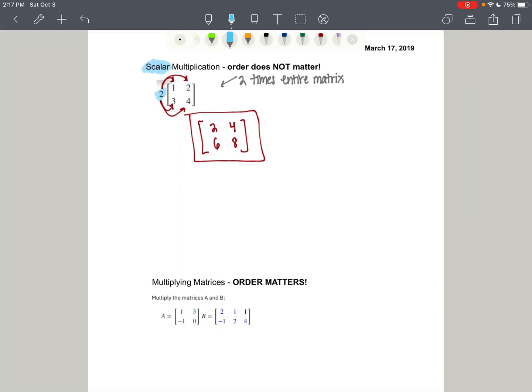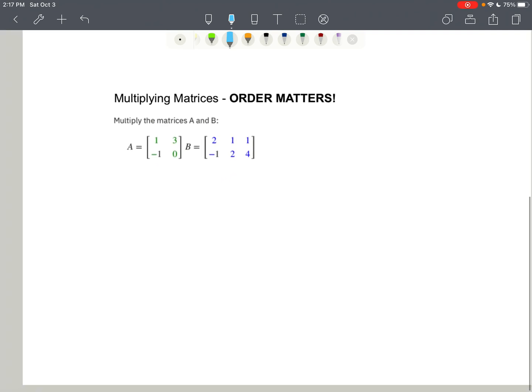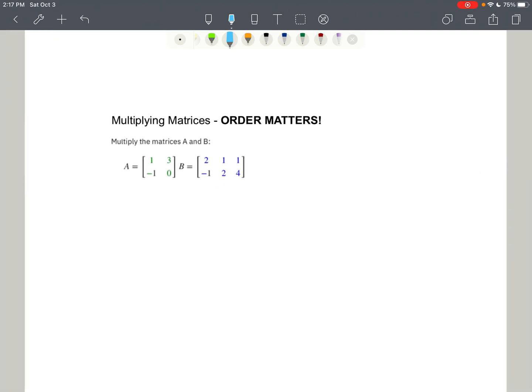Addition, subtraction, and scalar multiplication, pretty straightforward. But multiplying matrices is where it starts to get a little bit more challenging. Number 1, order matters.